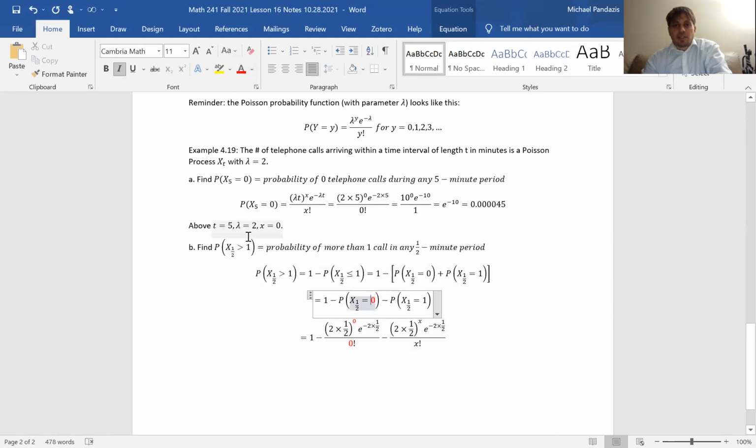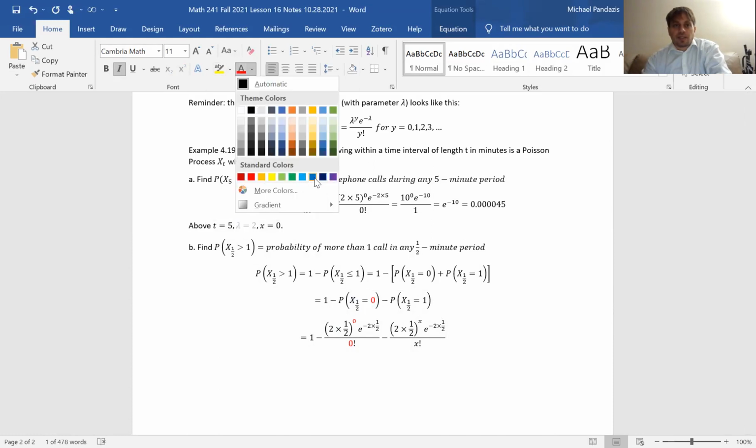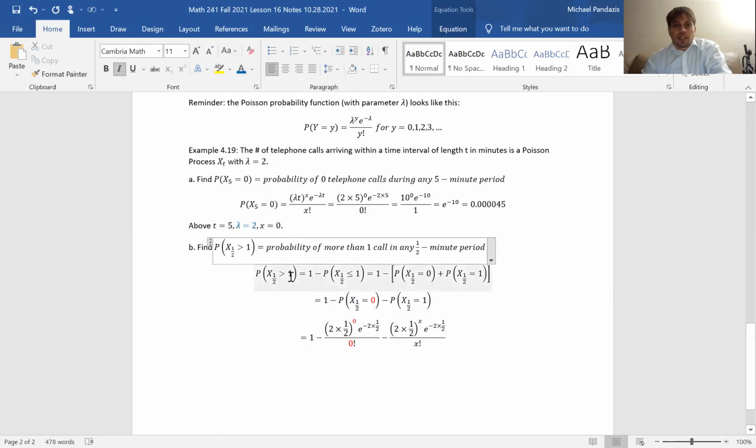So lambda, I guess I'll put this as blue. And so since lambda is blue, lambda is always 2. So that would go here. This is the lambda in the formula, because lambda is 2. We got this from the beginning.